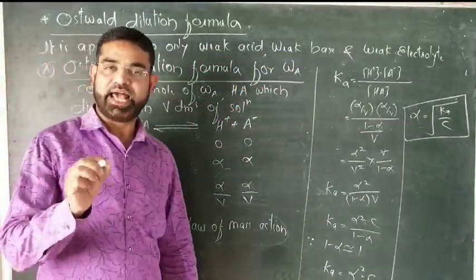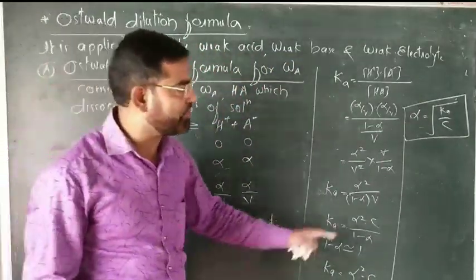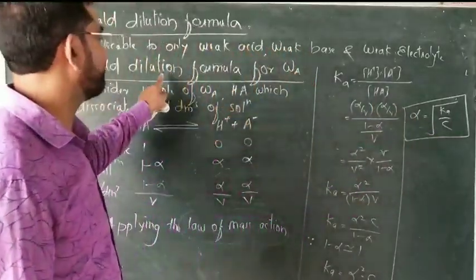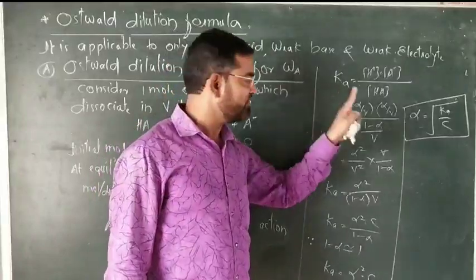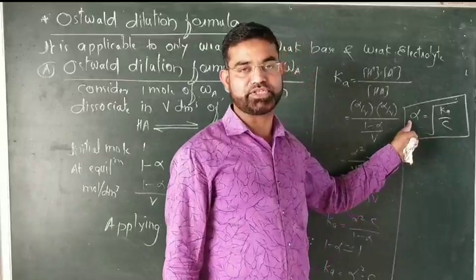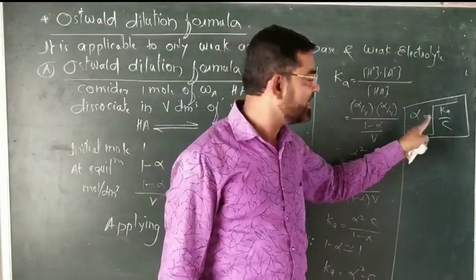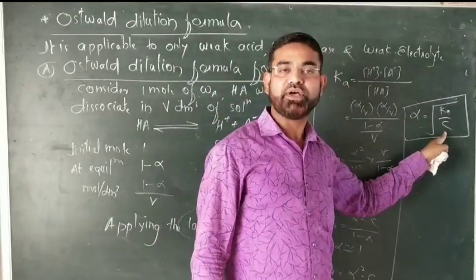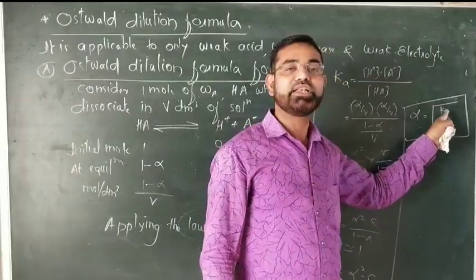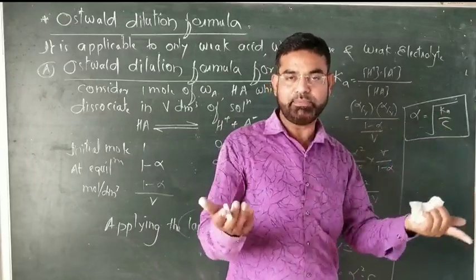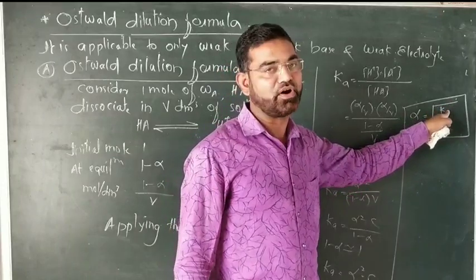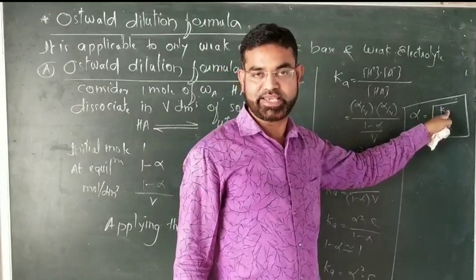For NEET and JEE, the important formula is this one. It is the Ostwald dilution formula for weak acid. It indicates that the degree of dissociation for weak acid is directly proportional to the square root of the dissociation constant. Simply, alpha is directly proportional to the square root of Ka.